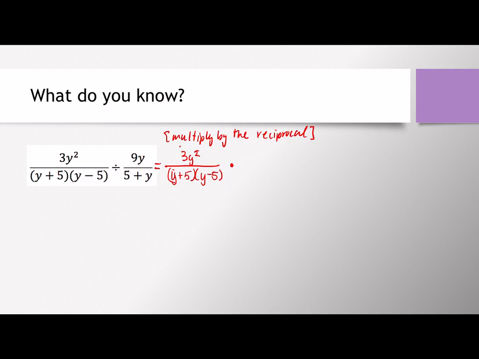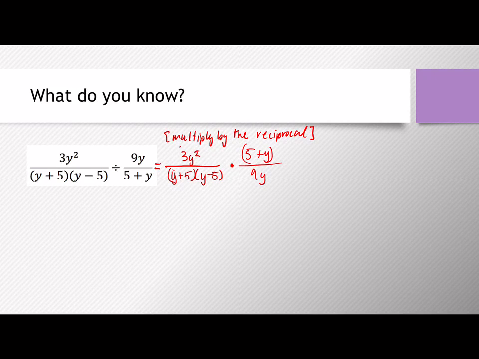And then the reciprocal means that I put the numerator in the second fraction into the denominator, and the denominator from the second fraction to the numerator. So that will be 5 plus y over 9y. Okay, multiplying the reciprocal.